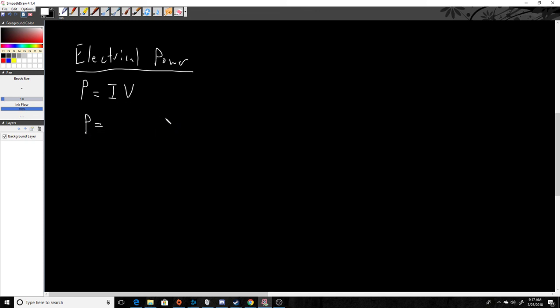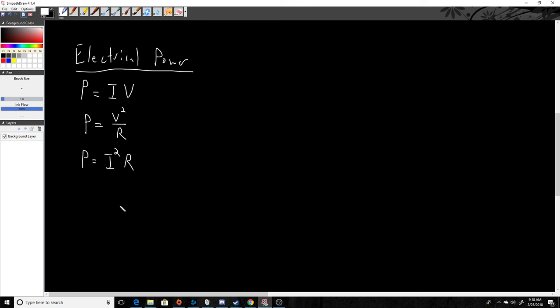The second one is power is equal to voltage squared over resistance. And the third one you're going to be working with is current squared times resistance. These 3 are the ones you're going to look at.